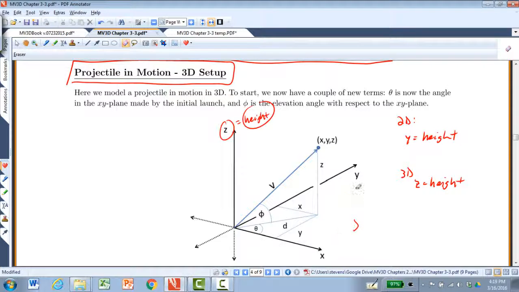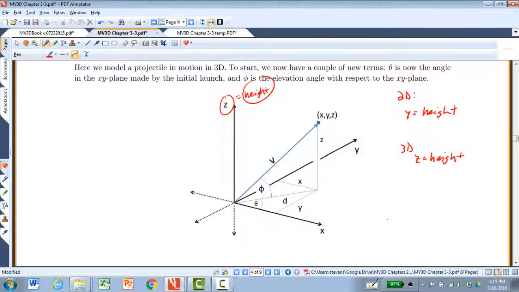Okay, and so the way these projectile position functions are determined requires an initial velocity vector. This is what I mean by an initial velocity. So this is sort of a launch vector, right? And now instead of being just in 2D, it's in 3D. And before, when we did this in 2D, we had x, y, and this angle of elevation for the launch vector we called theta.